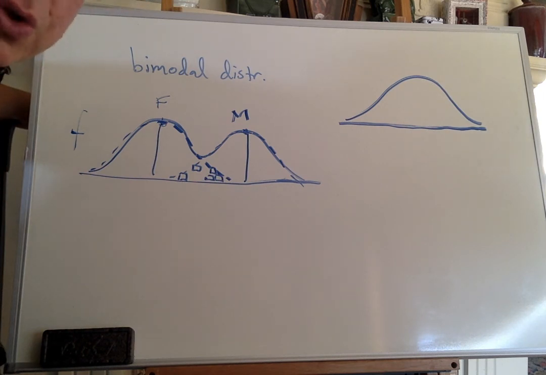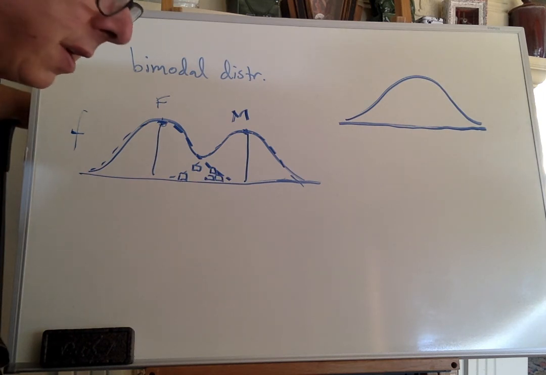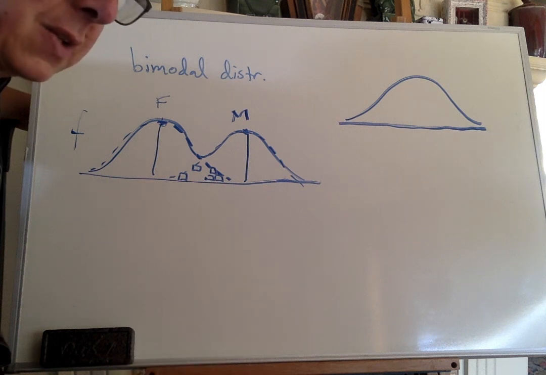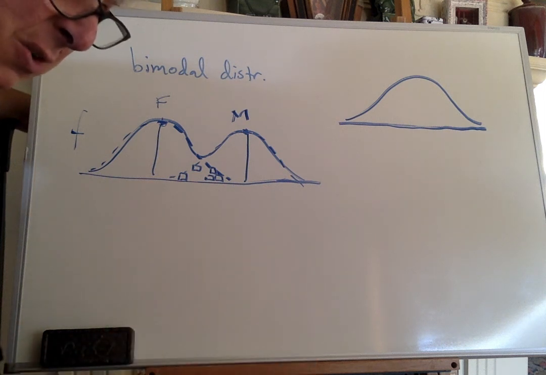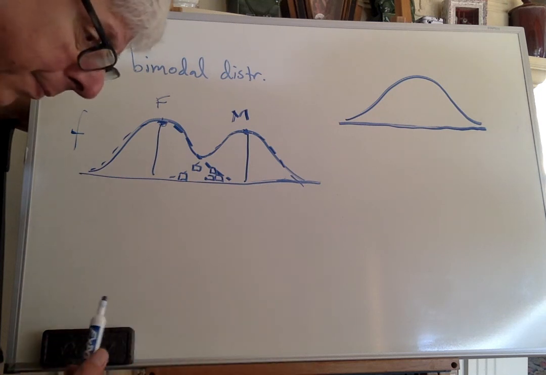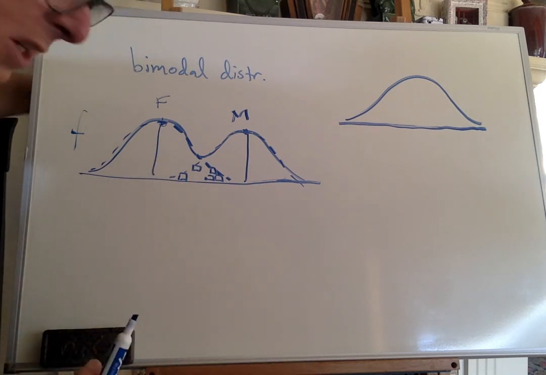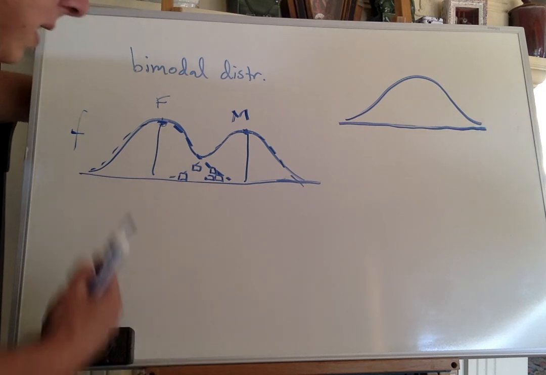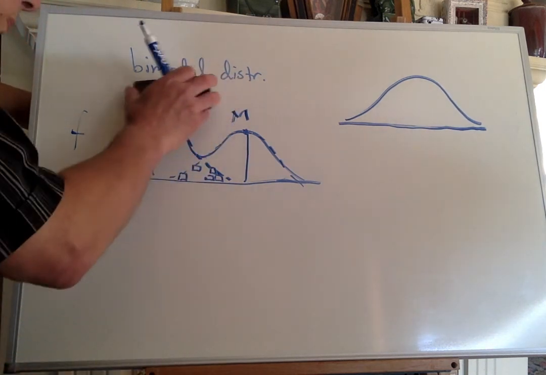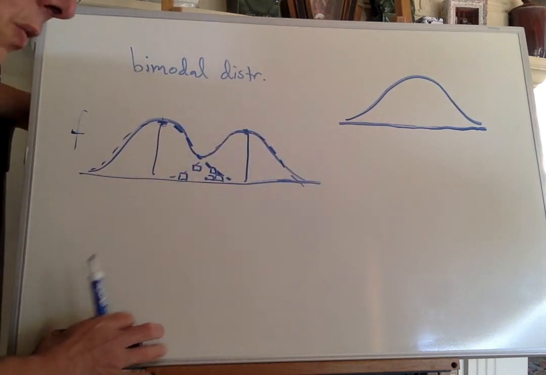And that's actually true for lots of exams I give. A lot of times it's normal. Sometimes it's positively skewed. Sometimes it's negatively skewed. But she was teaching this class, and oftentimes she would get this bimodal distribution.